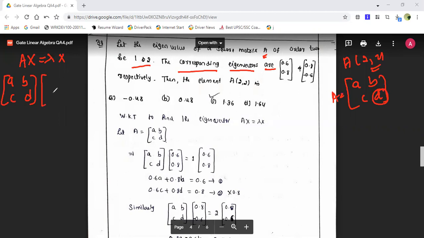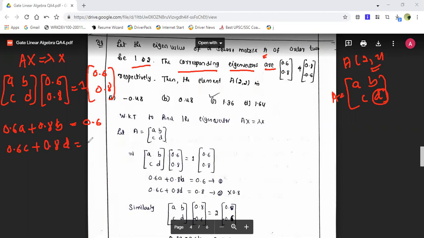So A times (0.6, 0.8) equals 1 times (0.6, 0.8). Writing this out, 0.6a + 0.8b = 0.6, similarly 0.6c + 0.8d = 0.8. Let me take this as equation 1 and this as equation 2.